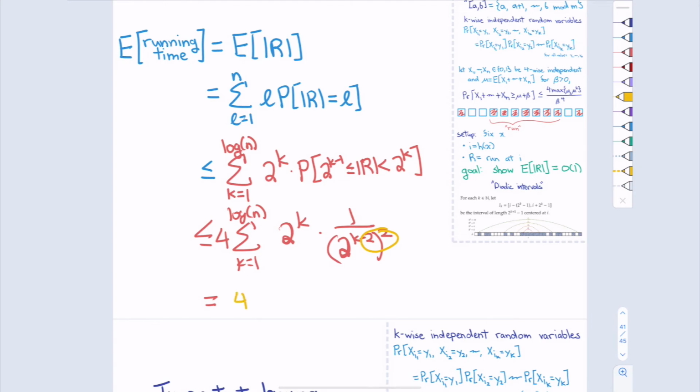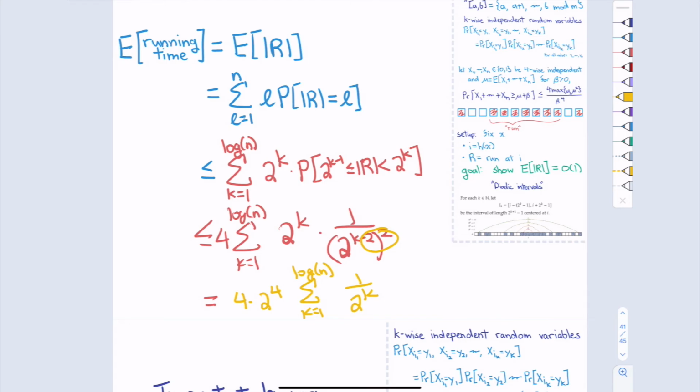So we'll get some 4 times 2 to the 4. And then what's left is 2 to the k divided by 2 to the k squared. One over 2 to the k.